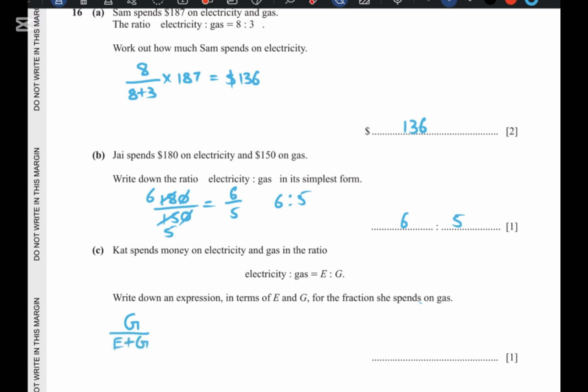That will be the expression for the fraction she spends on gas, because out of E plus G she spent G on gas. That is the thing here. No, sorry. G by E plus G. That's all.